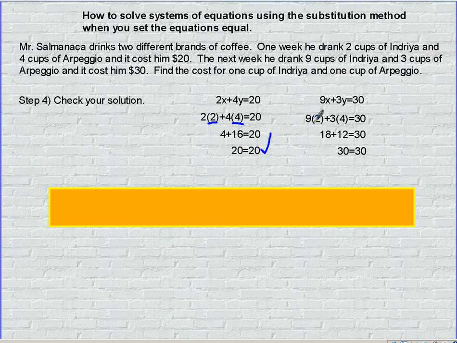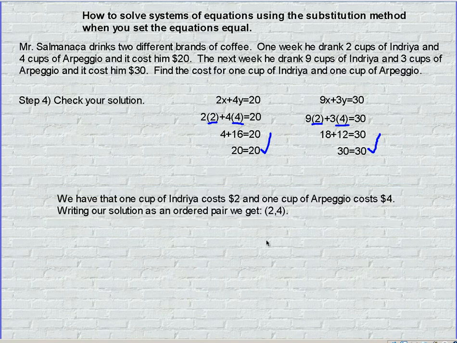That works. x is equal to 2, y is equal to 4, we get 30 is equal to 30. So our solution checks for both equations. We have that 1 cup of Andrea costs $2 and 1 cup of Arpeggio costs $4. And writing our solution as an ordered pair, we get 2, 4.